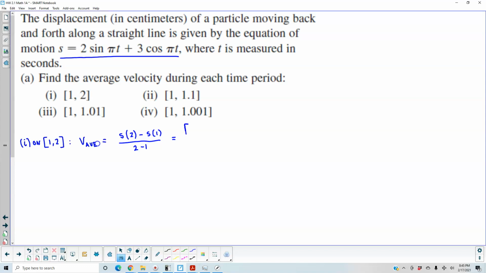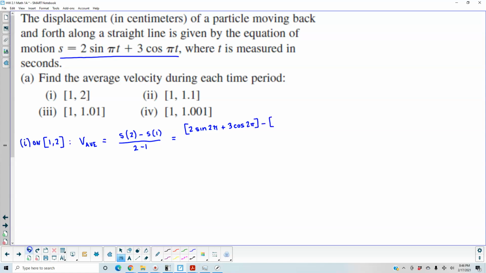So we're going to have 2 times the sine of pi t, which is 2 pi, plus 3 times the cosine of 2 pi.